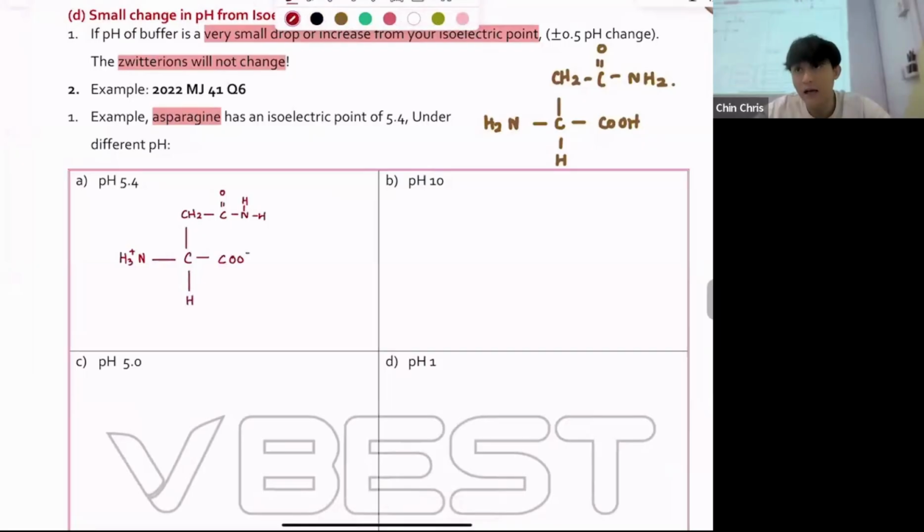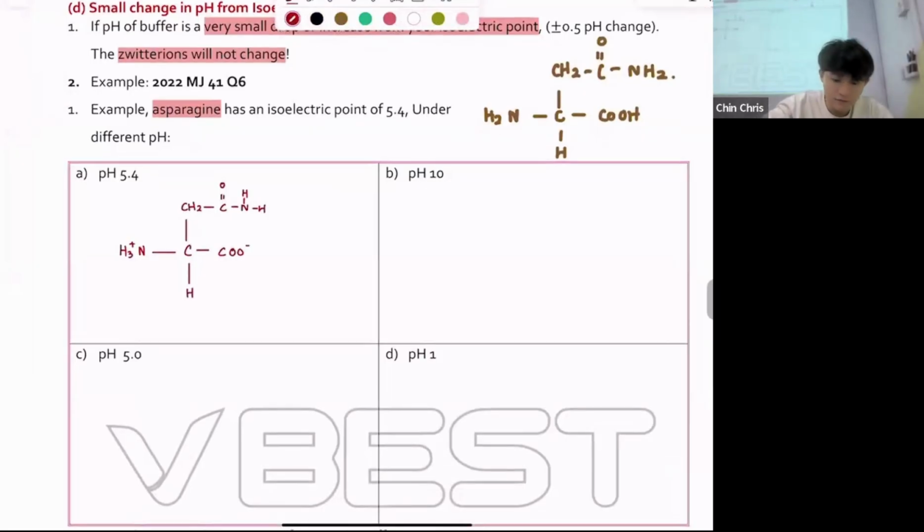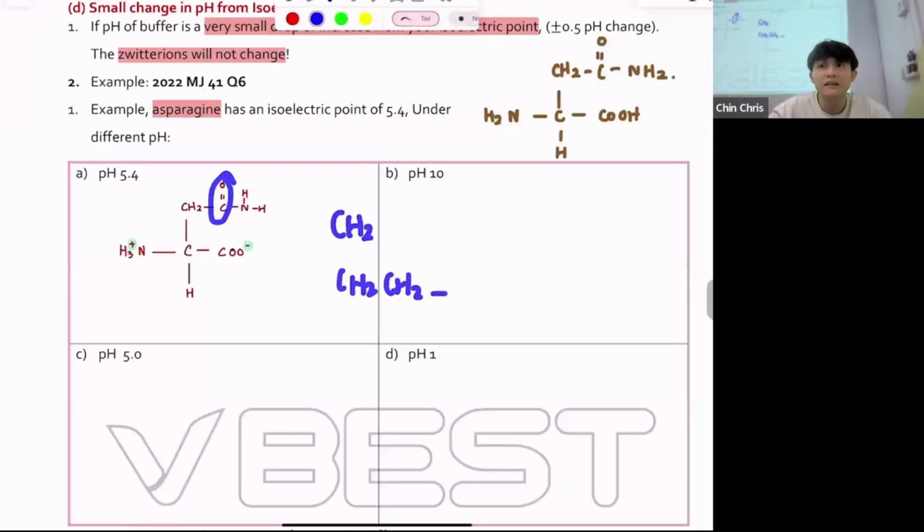Correct? No, cannot, because that is not an electron donating group. This is a C double bond O. The electron donating group is CH2. Those are your electron donating group. What is this? This is an amide, baby. You see that?